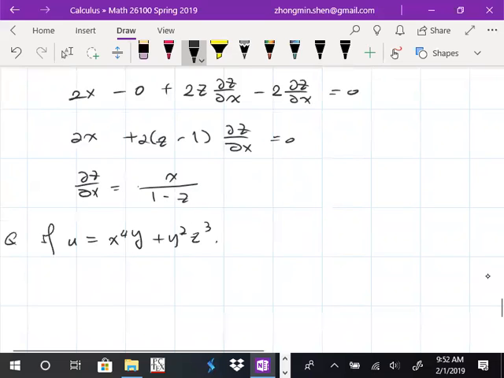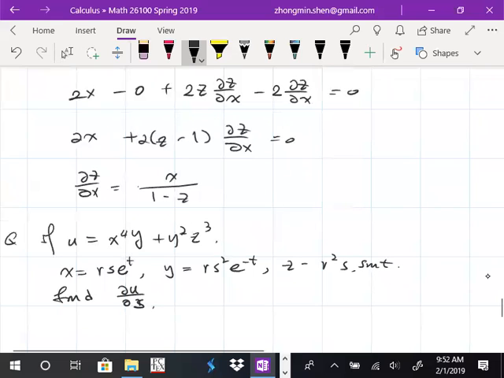And x equals rse^t, y equals rs^2 e^(-t), and z equals r^2 s sin t. We want to find the partial derivative of u with respect to s when r equals 2, s equals 1, and t equals 0.